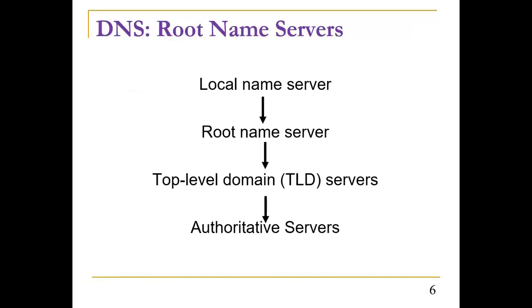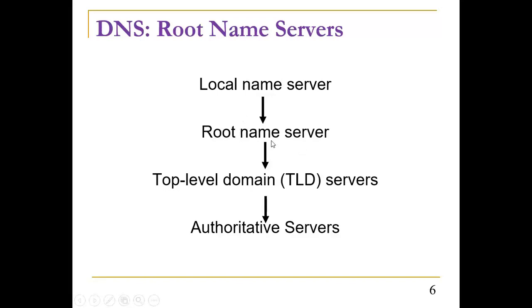Now, how are these name servers classified? So first, whenever user queries or selects some web page, that website address first goes to the local name server. And if it finds the IP address, then it will directly collect the information of that IP address. If it is not available, then it goes to the root name server.